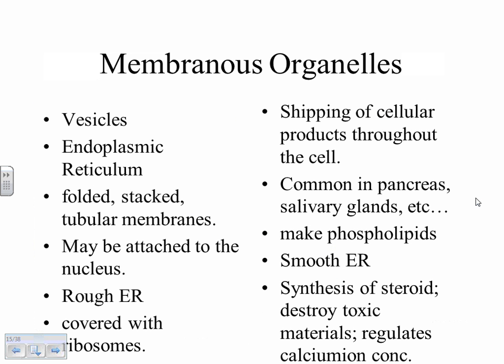All right, let's get into some other organelles, what we call membrane-bound organelles. Vesicles, I'm going to use interchangeably with what other word? Vacuoles. They're basically storage containers. In a plant, the biggest part of the plant cell, other than maybe the wall, is what? It's a big vacuole in the middle.